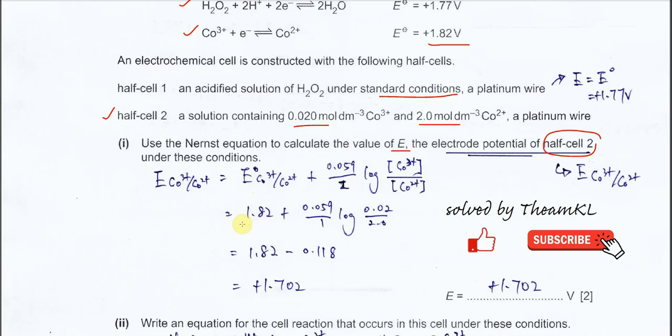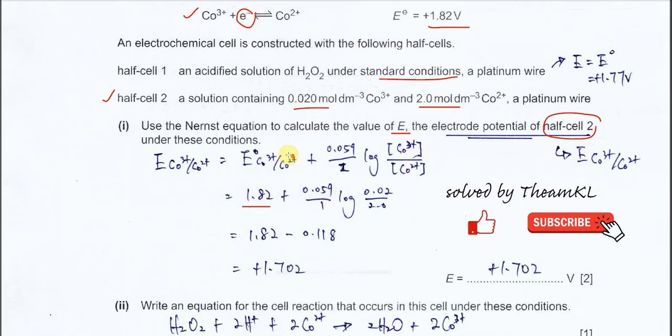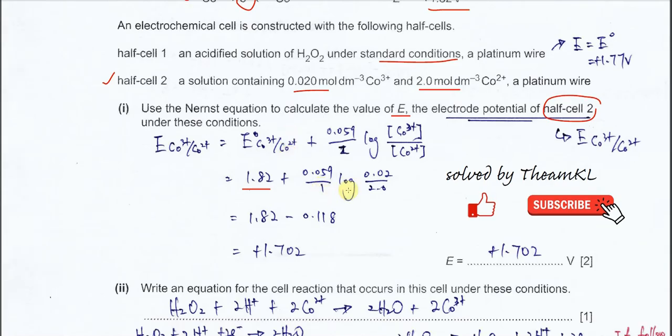So this one is given as 1.82 plus 0.059 over 1, because in this half cell it just involves 1 electron, times log 0.02, this is the concentration of cobalt-3, over 2 mole per dm cube, the concentration for cobalt-2.